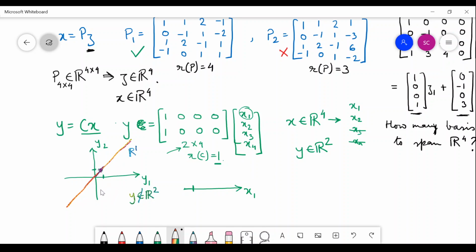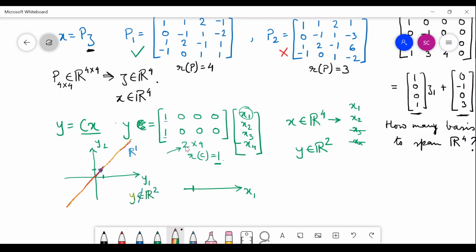This line will depend on the exact relationship, the exact scalars which are governing the equation of this line. In this case, these are 1 and 1. That's why the line is like this. If they were like -2, 3, you could understand where the line would fall. But the point here is that it is not spanning the entire R2 space, which we wanted it to span, because it has lost a rank here.